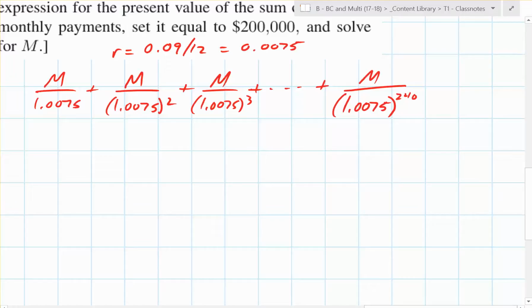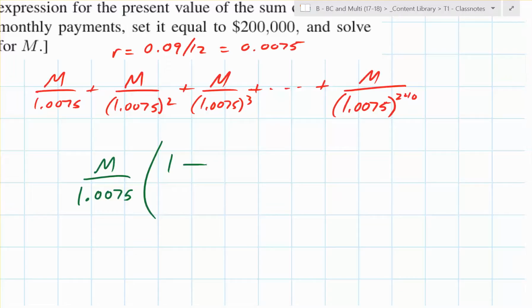So if we're going to find the sum here, what's the first term? What's our a value? M over 1.0075. And what do we multiply it by? What goes on top? 1 minus what? What's the ratio between these things? 1.0075 to the what power? That's the ratio between the terms.